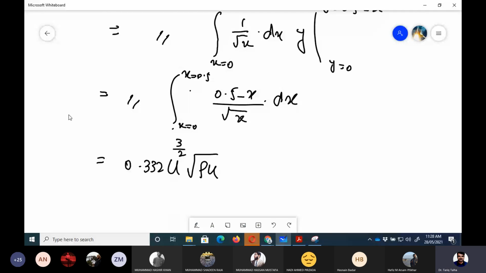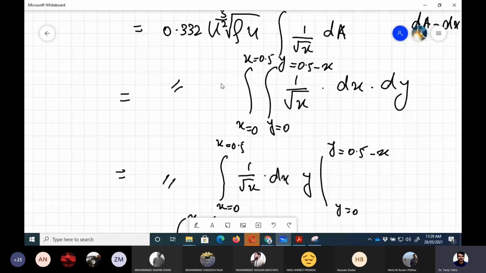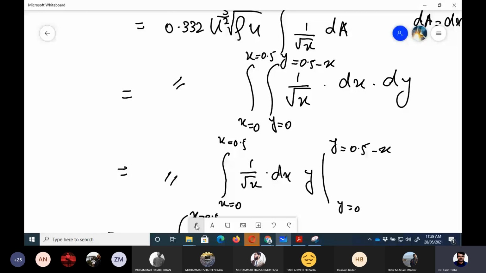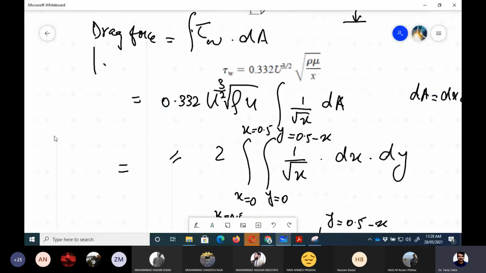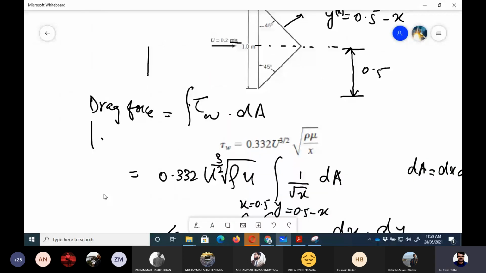okay, one thing which needs to be mentioned here: because here we have put 0.5 minus x, which is basically half of the plate, we would multiply it by 2 because of the line of symmetry. If I show you, this is the line of symmetry. This integration we are doing is only up to half, so that's why we need to multiply it by 2 when we put the limits from dA to dx dy.